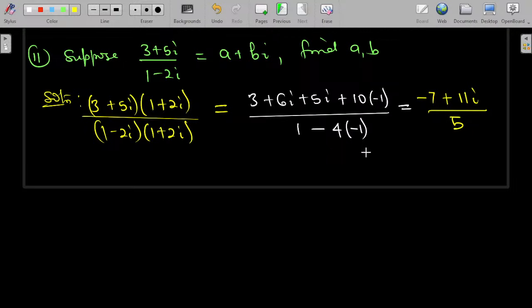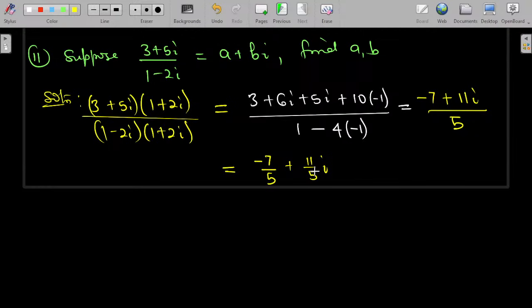Okay? So, what we have now is still in a fractional form, not of this form yet. So we'll now try to use 5 to divide the individual terms there. So that's going to be minus 7 over 5 plus 11 over 5i. So immediately it is of this form now.